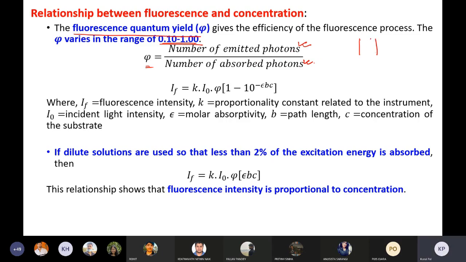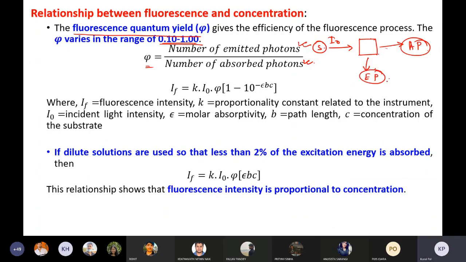So you have the sample holder over here. So you have I0, which is coming from the source. In the line of the source, you will be able to get the number of absorbed photons, sorry, not protons, absorbed photons, and at the 90-degree angle, you will be getting the number of emitted photons.